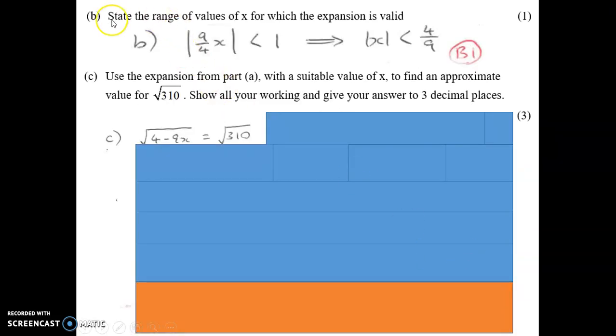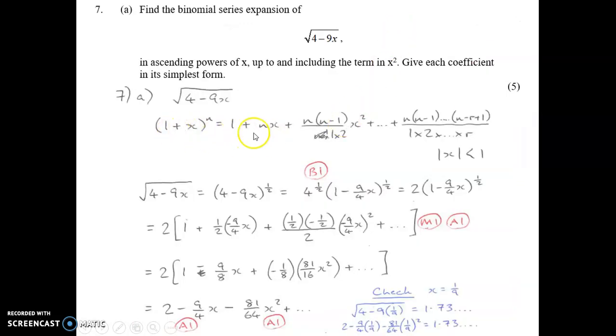For part B, we were asked to state the range of values of x for which the expansion is valid, and in the formula book it states that this formula holds when the modulus of x is less than 1. Well, in our expression, we haven't just got x, we've got negative 9 over 4 x.